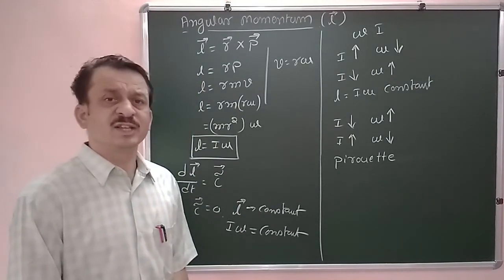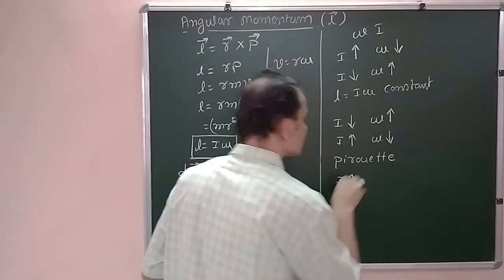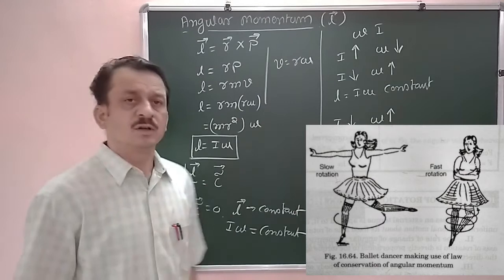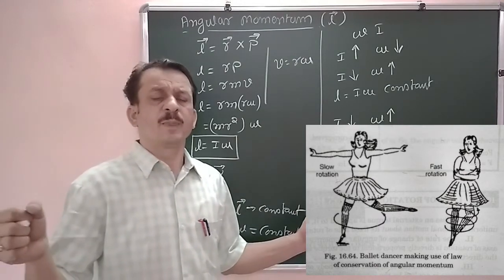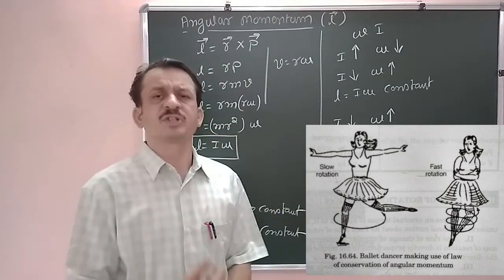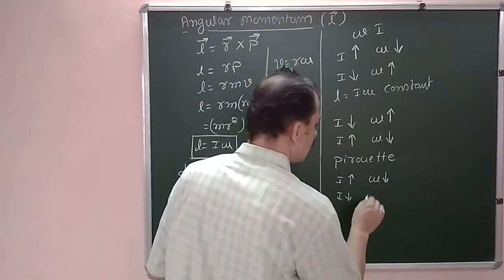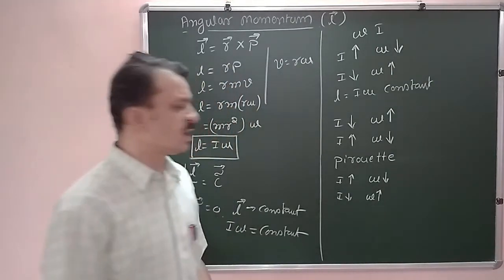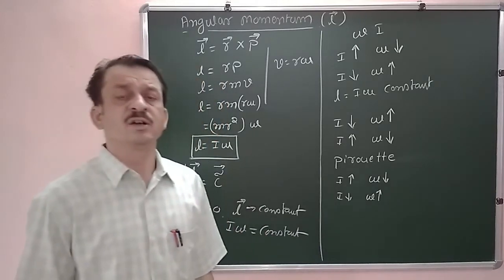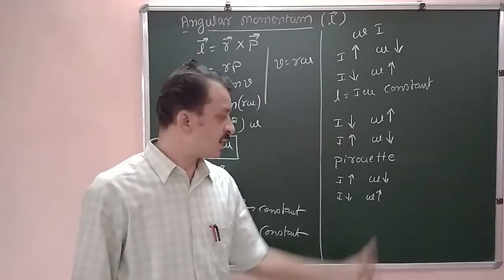Initially they stretch their hands and legs, so their moment of inertia increases and angular velocity decreases. As they bring their hands and legs closer to the body, the moment of inertia decreases. The angular velocity should increase such that their product remains constant, and therefore they perform more and more rotations with greater speed.